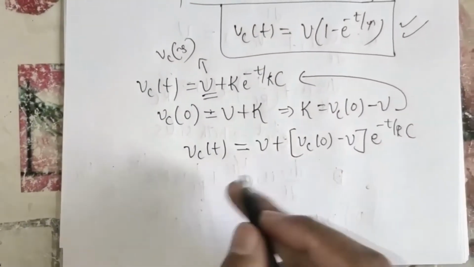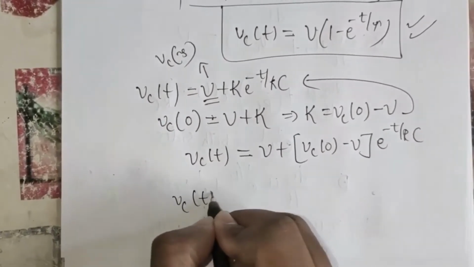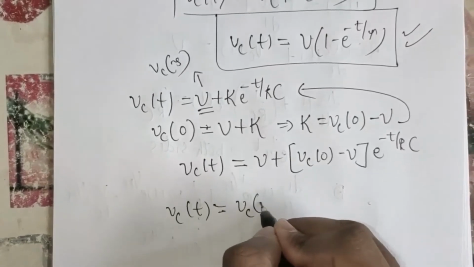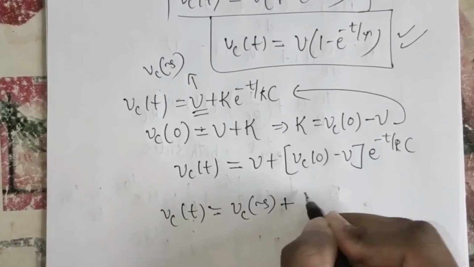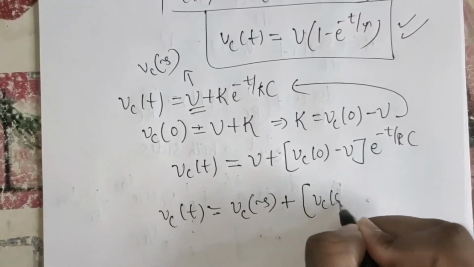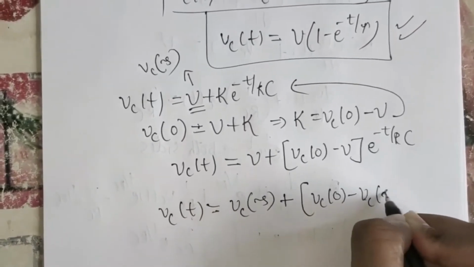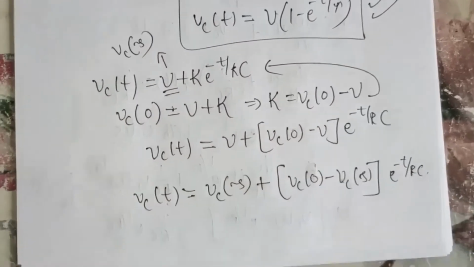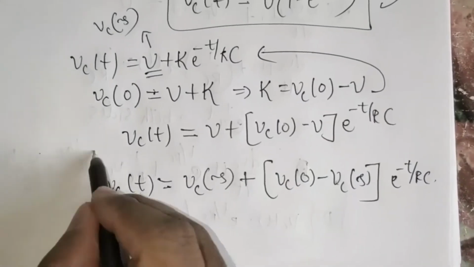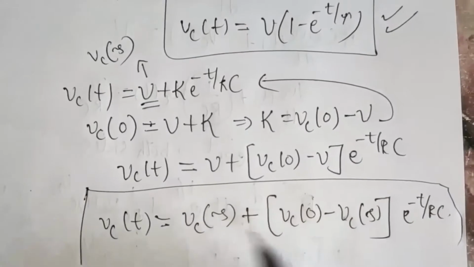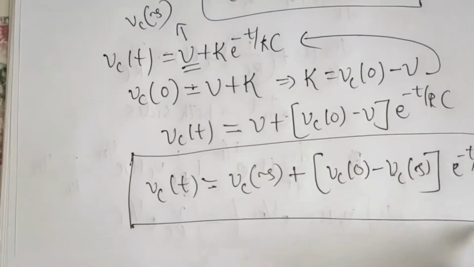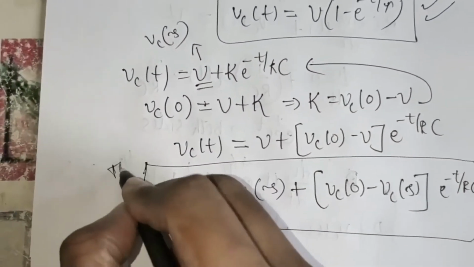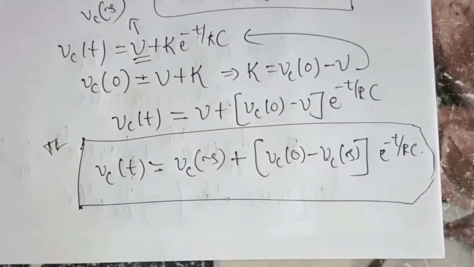So this expression I can write as Vc of t is equal to, instead of V, Vc of infinity plus Vc of 0 minus Vc of infinity into e power minus t by RC. So this is the most general expression for voltage across the capacitor in a source driven series RC circuit for all cases.